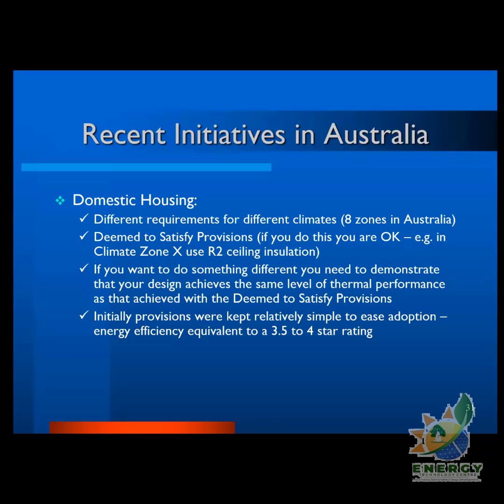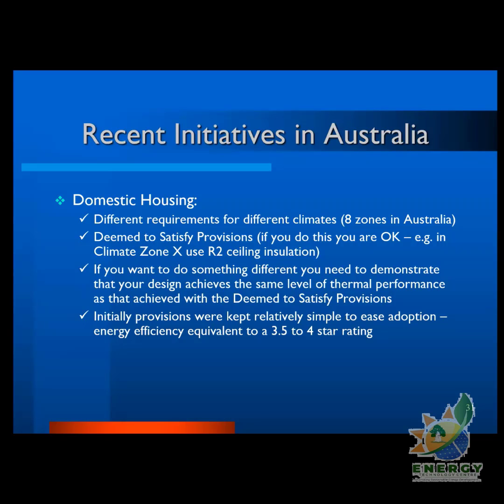And you need to demonstrate that your design achieves the same level of thermal performance as that achieved by the deemed to satisfy provision. So even though they have this requirement, you can do something otherwise, but you have to make sure that it will actually meet the performance that the building is supposed to achieve.